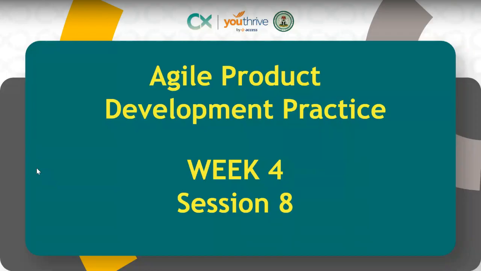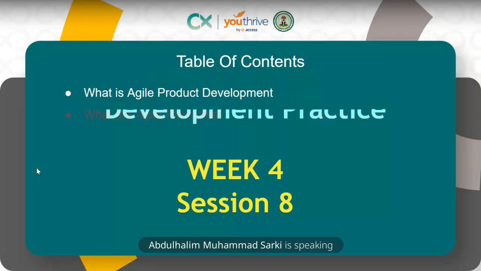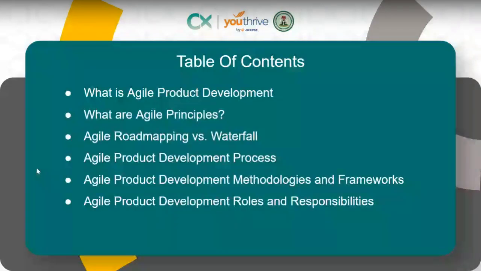And within Agile, there are still several frameworks or methodologies, which we're going to look into today. Today's table of contents: we have what is Agile product development. We'll be looking at the Agile principles.